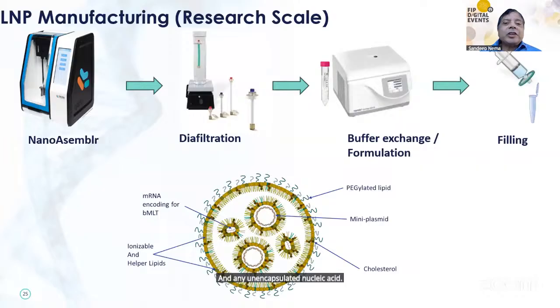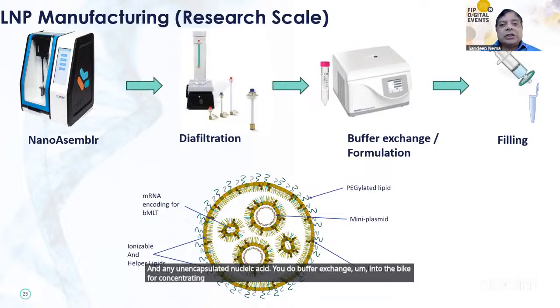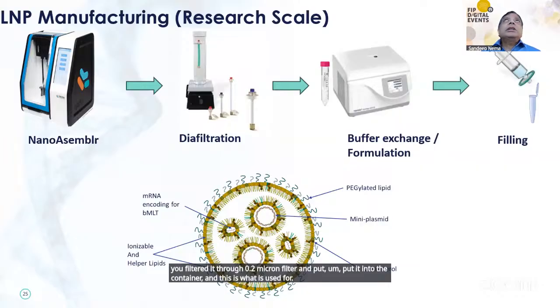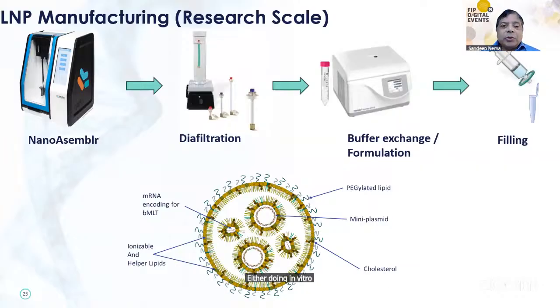You do buffer exchange for concentrating, changing it into the final formulation. You filter it through a 0.2 micron filter and put it into the container. And this is what is used for either doing in vitro or in vivo experiments.